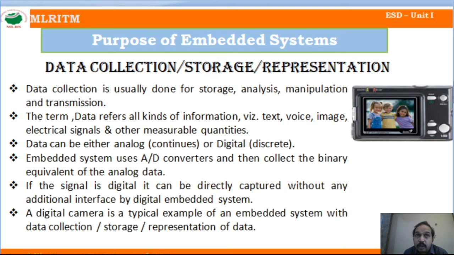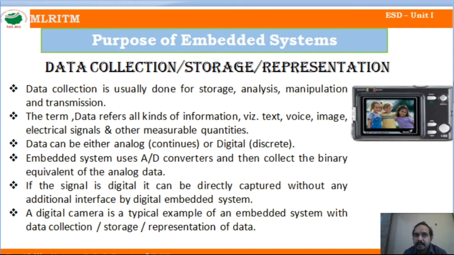Using analog to digital converters, we convert this voltage to a digital form. When we click the camera, all these things happen at once. Then it is stored inside our memory card.